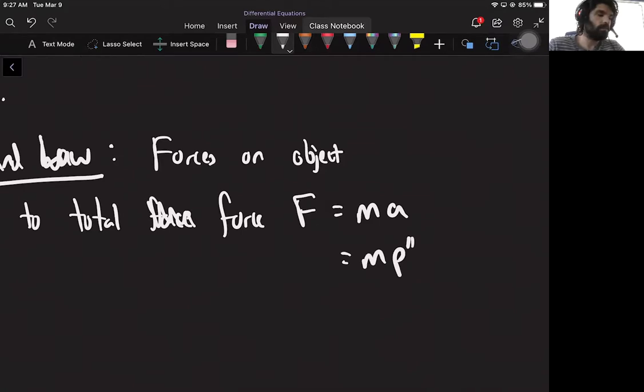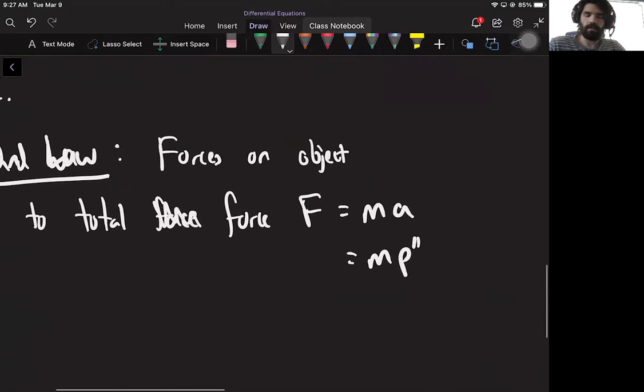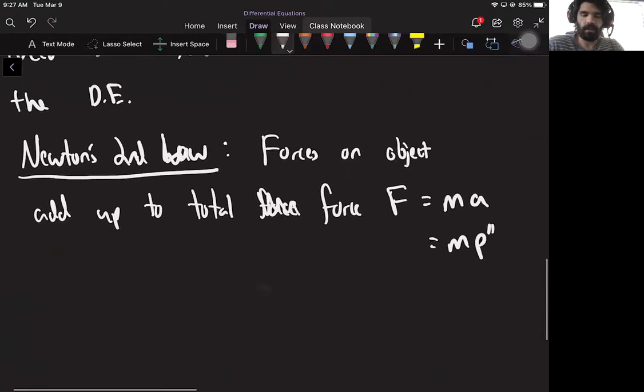So that's what I'm going to use. Okay, so the total forces will add up to this thing. So I have something like F equals blank plus blank plus blank. And I've got to figure out those other things. So what are these other forces that will add up to F?